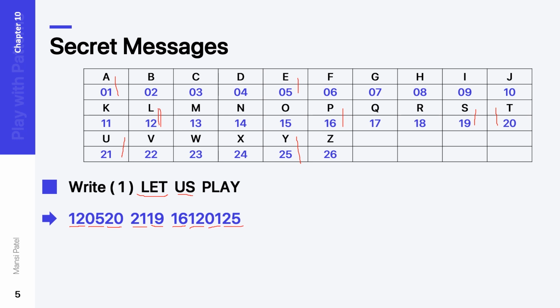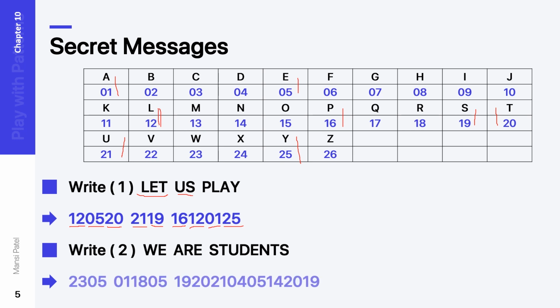Now this is known as the coding. Now your next one, you have to write "we are students". How can we write "we are student" in numbers? So W indicates 23 and E indicates 05.